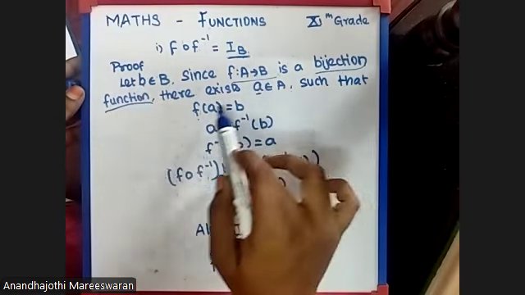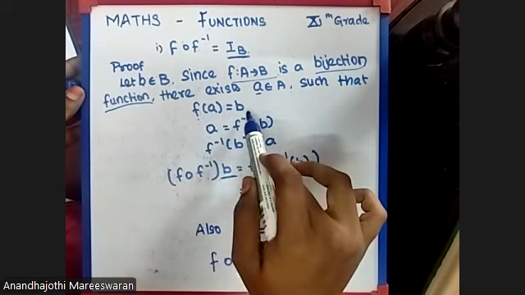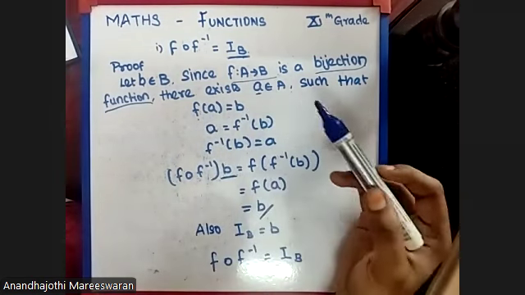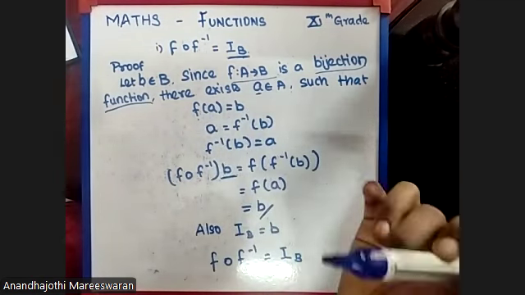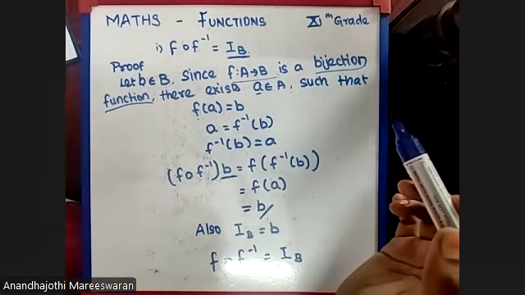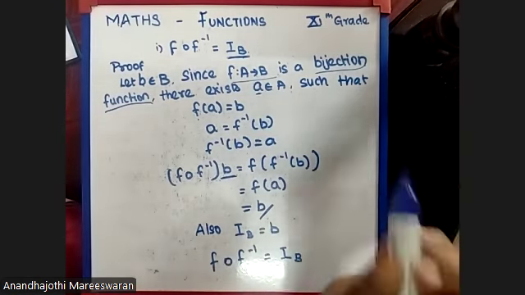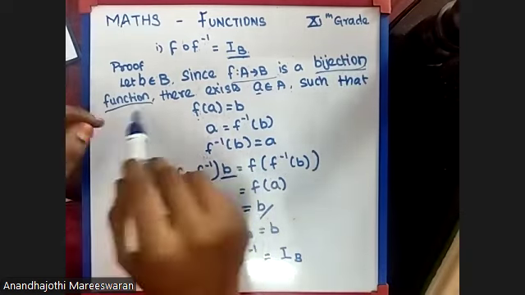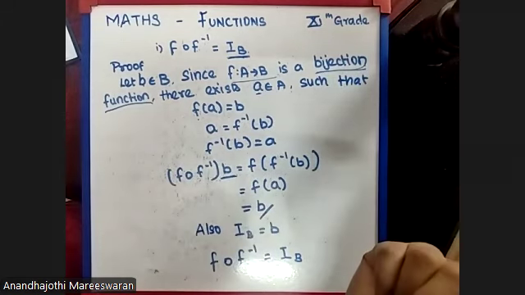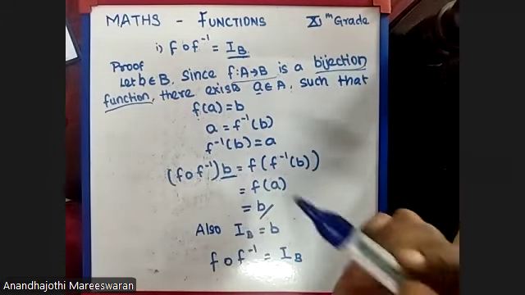So f of a equals b. Then I will inverse the function. If the function is a bijection function, the final output will be the initial input.